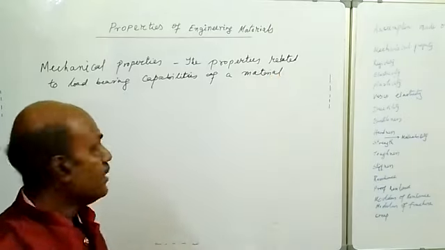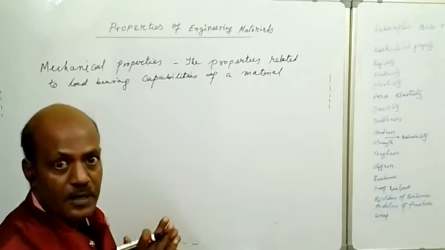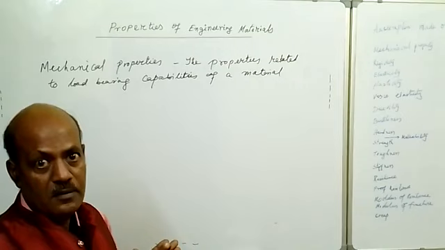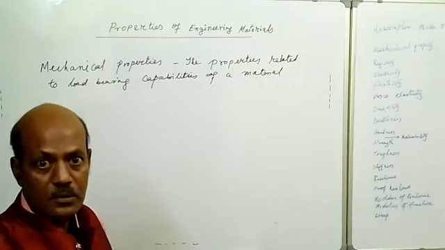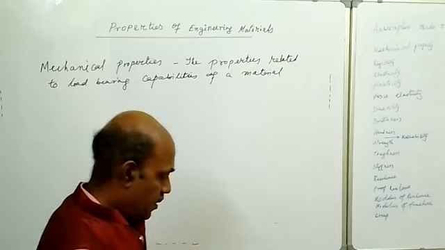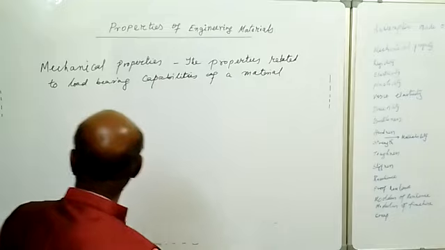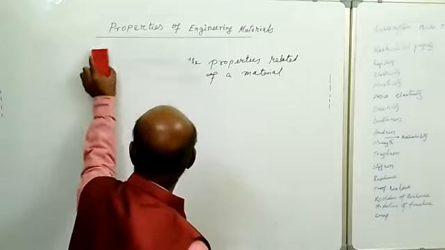So under this heading of mechanical properties, whatever properties we will discuss, every property is related to the load bearing capabilities of the member. Now we will see the various properties one by one.